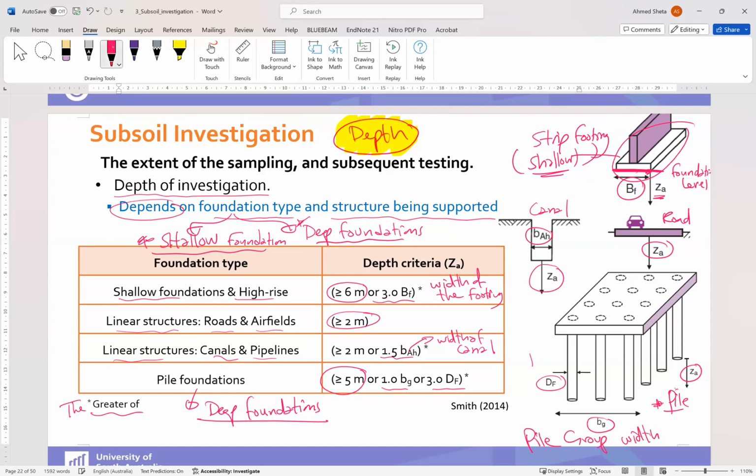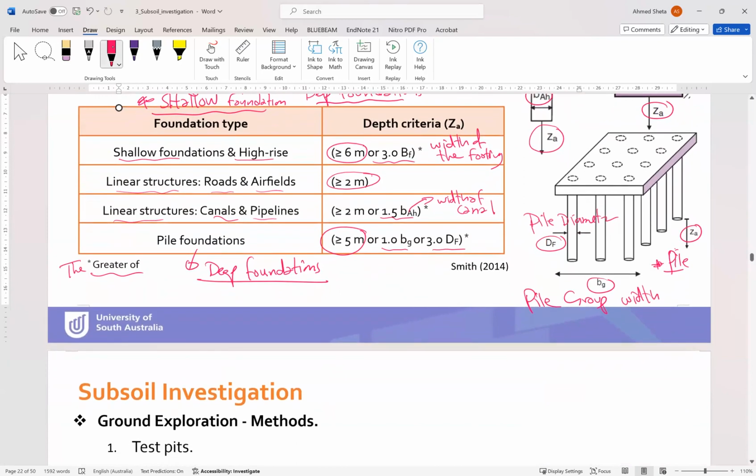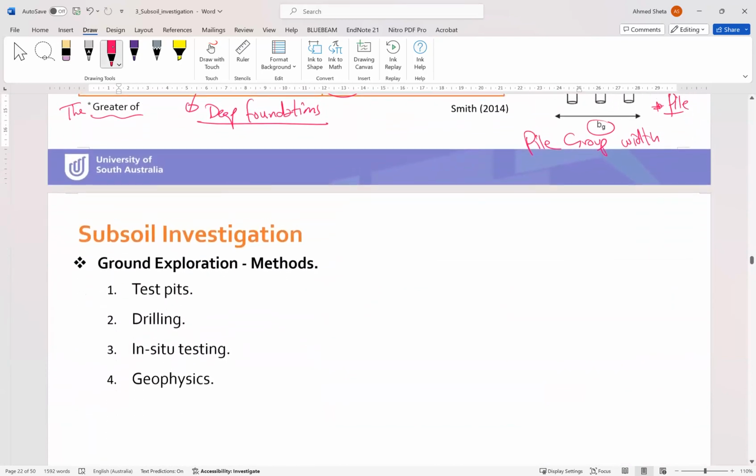Or DF, the pile diameter. Okay, and so on. So this table is also a guideline for how much depth is required for the exploration process.